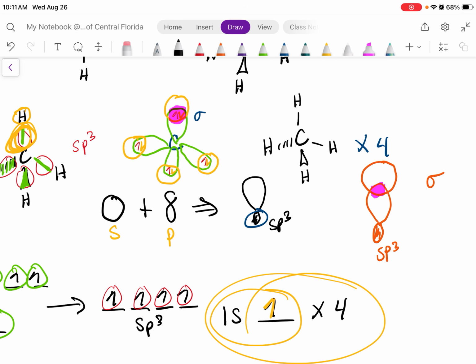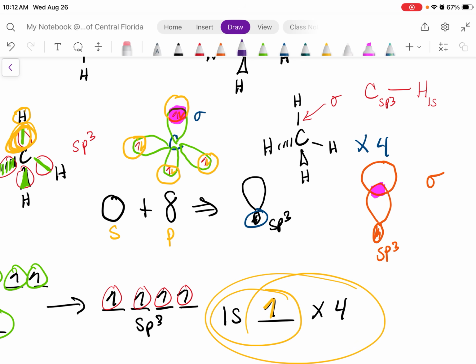So what we want to be able to do now is to identify the orbitals that are used to form that bond. So if I asked you what orbitals are used to form that sigma bond, you would say, well, the carbon atom is sp3 hybridized, and it is forming a bond with a hydrogen atom, and the hydrogen atom is coming with a 1s orbital.